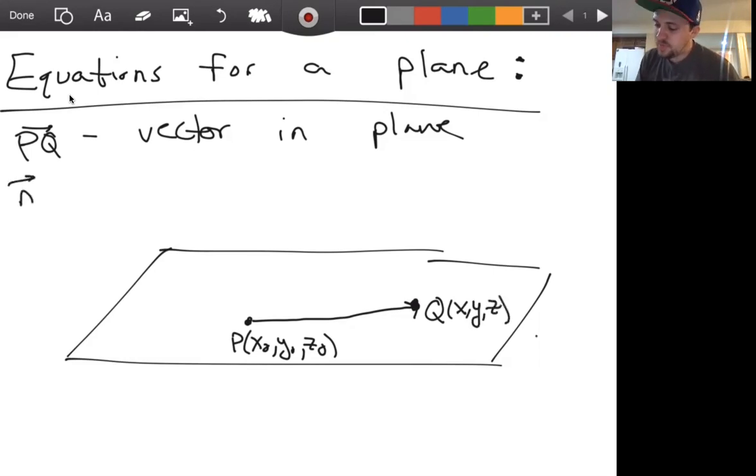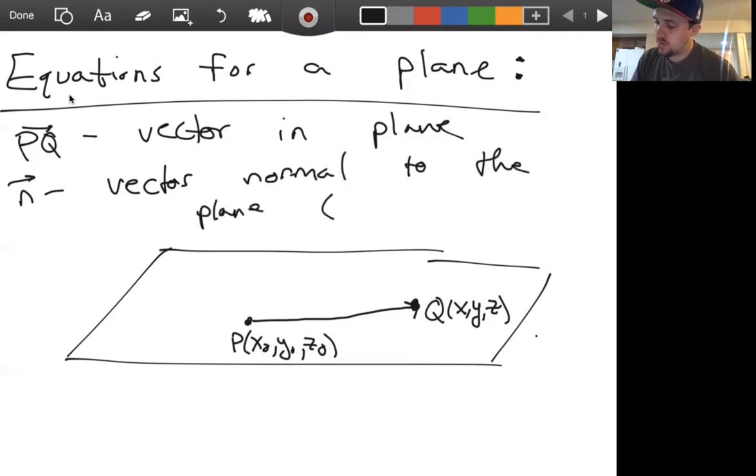And for the construction, we need a vector that is orthogonal to any vector in this plane. And so we say that the vector n is normal. So we have a vector normal to the plane. And what we mean is orthogonal to any vector PQ in this plane.